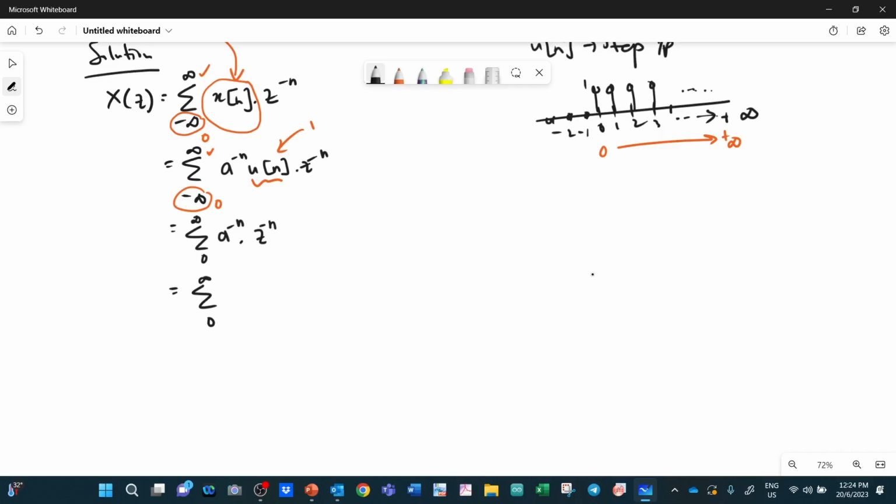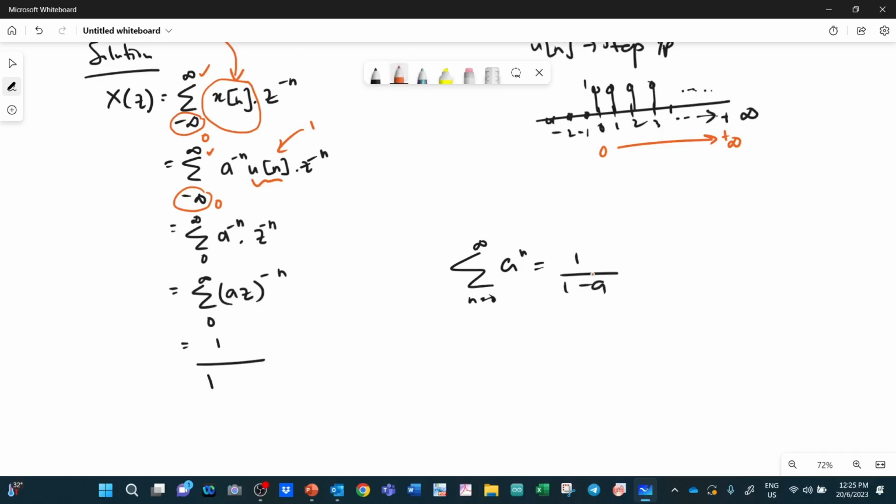Then you have a, z minus n. Using the mathematical theorem, you know that the summation for n equal to 0 until infinity of a to the power n is equal to 1 over 1 minus a. It doesn't matter what the n value is. So what is your a here?